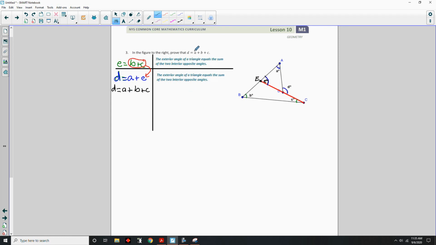So we just proved that D is equal to A plus B plus C. Reason? The substitution property of equality. So that was a really quick 3-part proof, 3 steps and done.